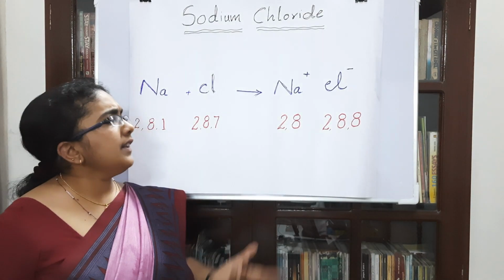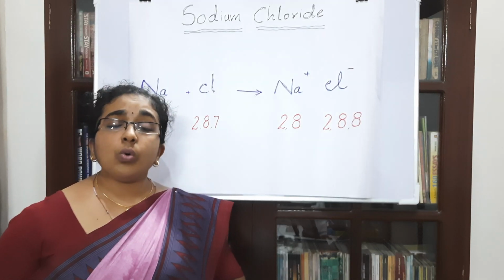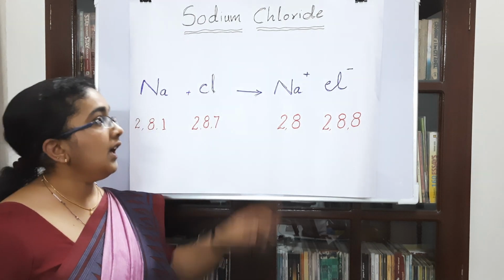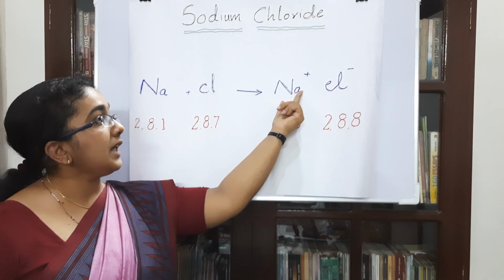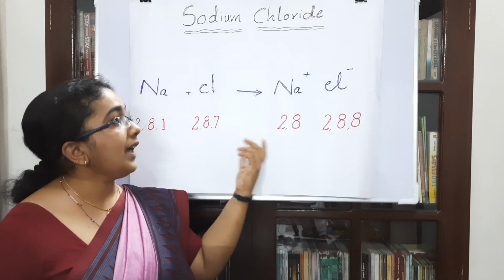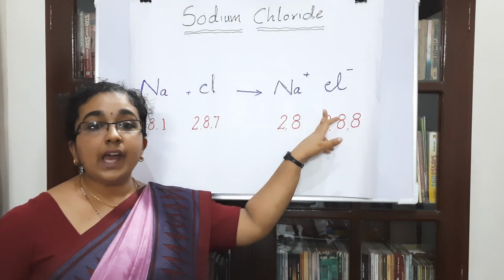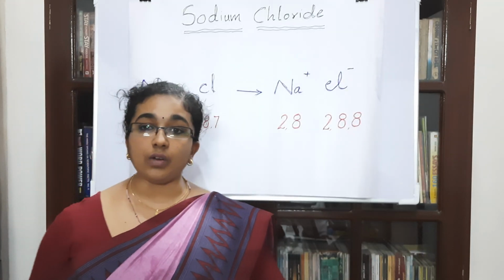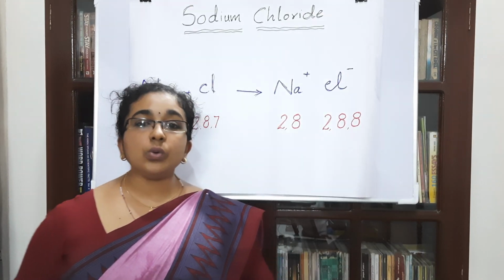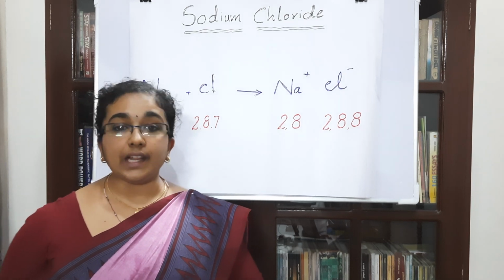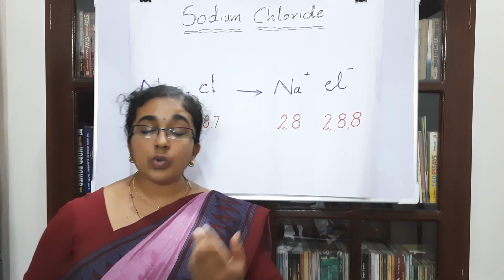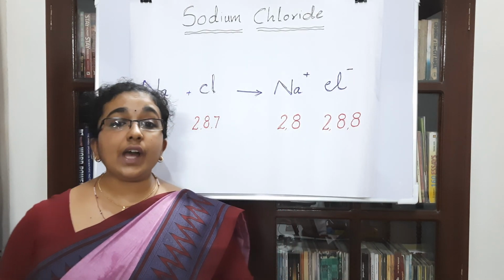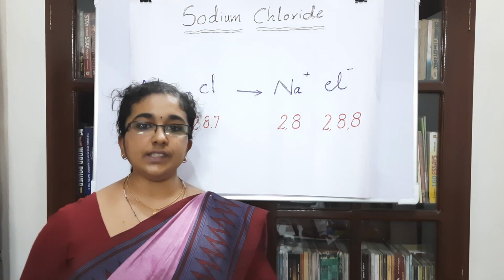So how are the atoms called after they get charged? They are known as ions. Na+ is known as a cation, and Cl− is known as an anion. Once again, during the formation of sodium chloride, the sodium atom donates an electron and gets converted to the sodium ion, Na+. The positive ions are called cations.